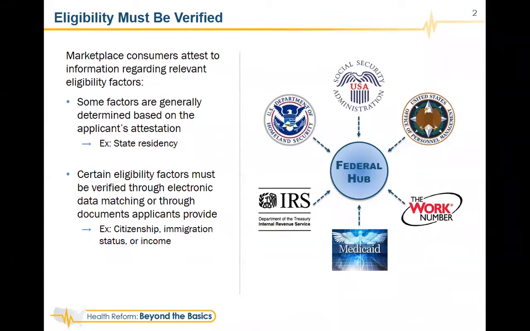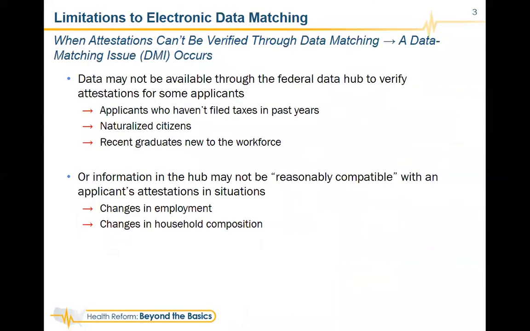Other eligibility factors in the application process are just accepted with the attestation, and that could include things like state residency, for example. So certain factors must be verified in one way or the other, and the first line of defense is to try and do that electronically to minimize the additional burden, but there is also a pathway for people who can't go through the electronic process to verify their circumstances if that doesn't happen.